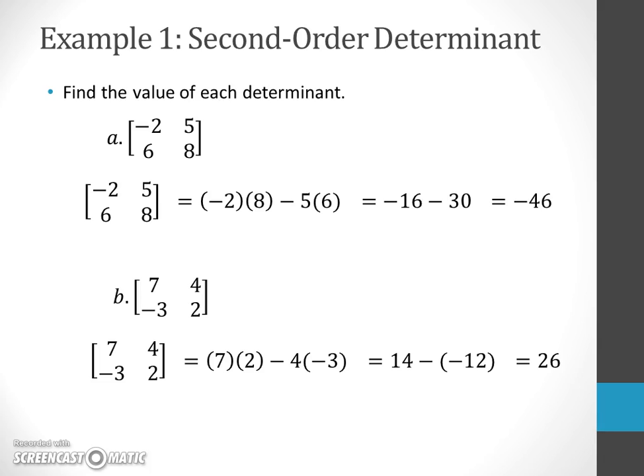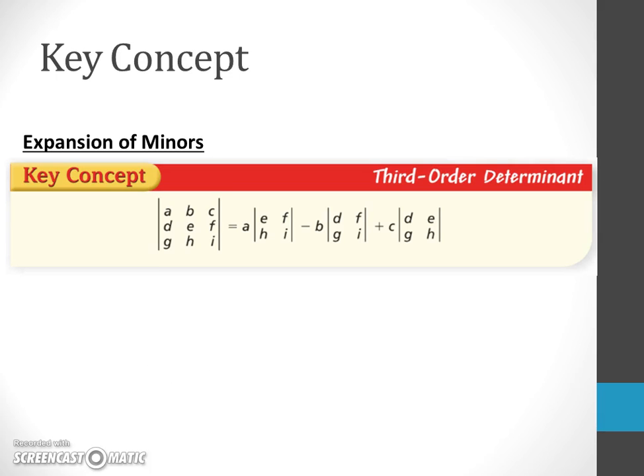Our next concept is third order determinants. We're going to use expansion by minors to solve this. To use expansion by minors with third order determinants, each member of one row is multiplied by its minor and its position sign, and the results are added together. The position signs alternate between positive and negative, beginning with a positive sign in the first row of the first column.